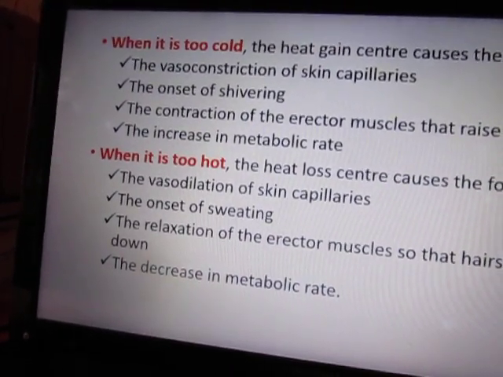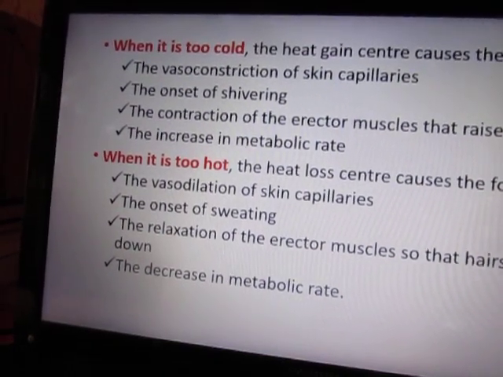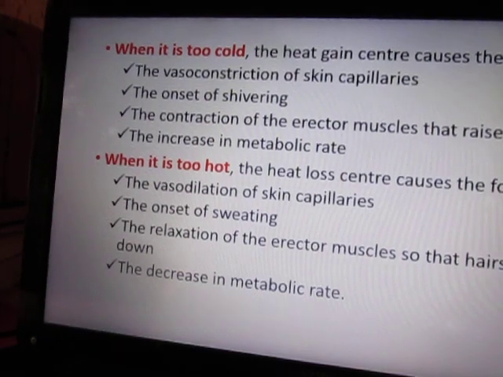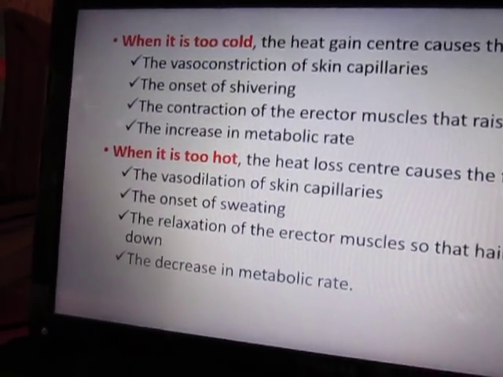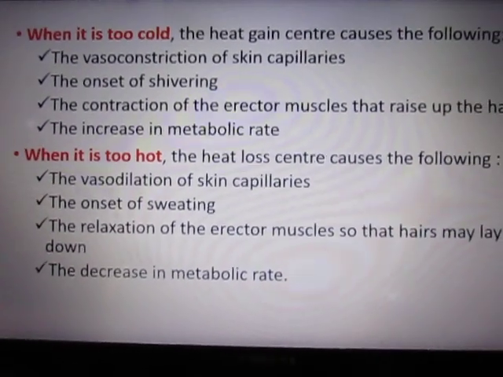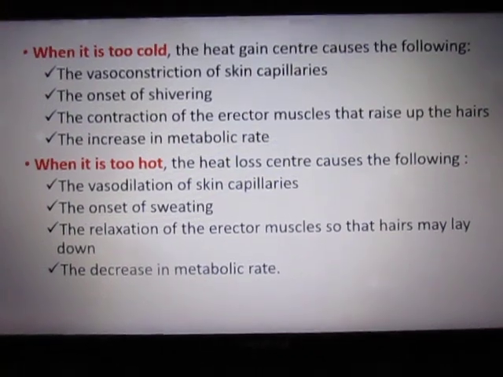Next, the sweat glands will be activated. There will be the onset of sweating. By sweating, you are losing heat.